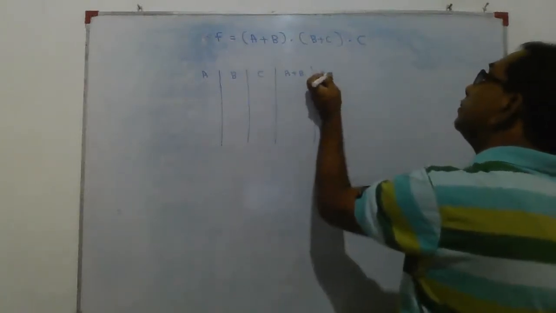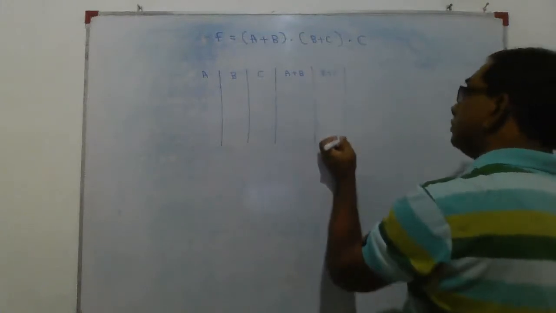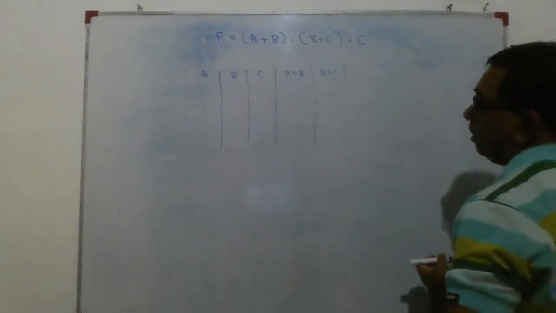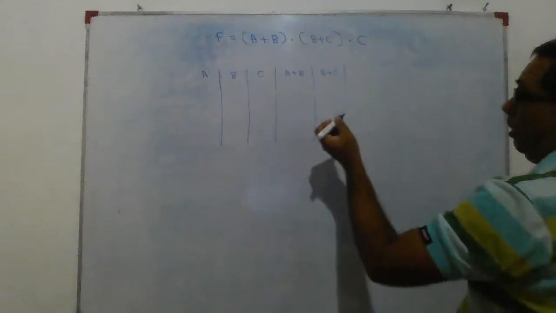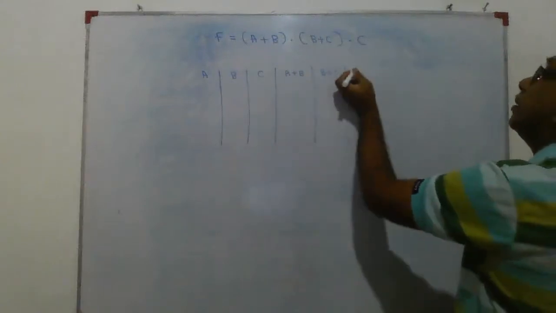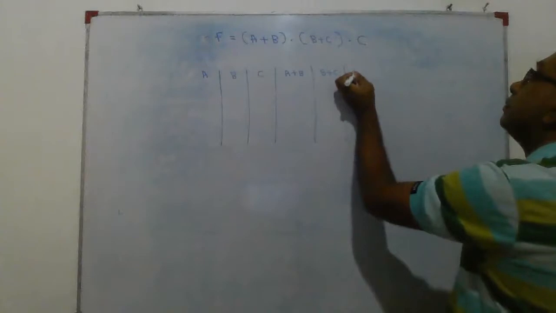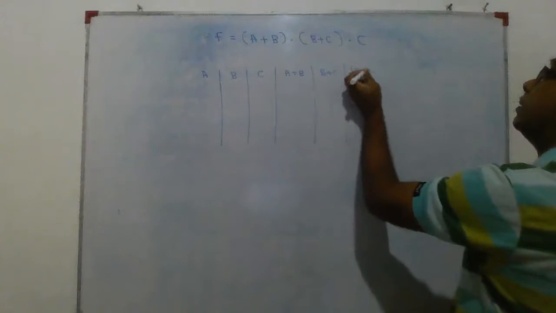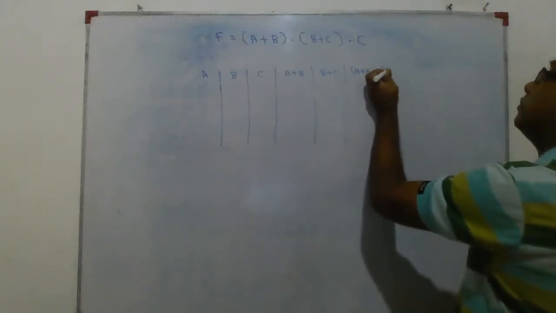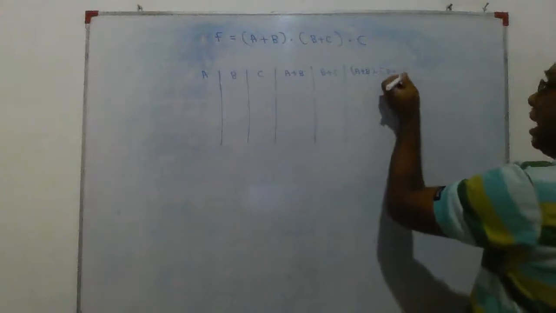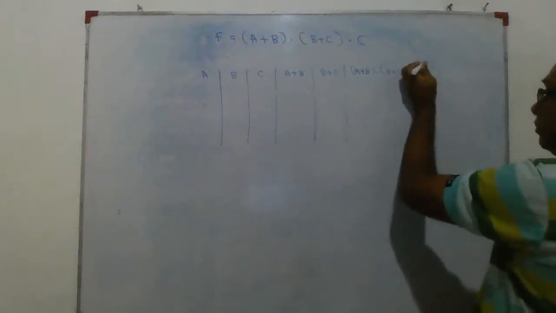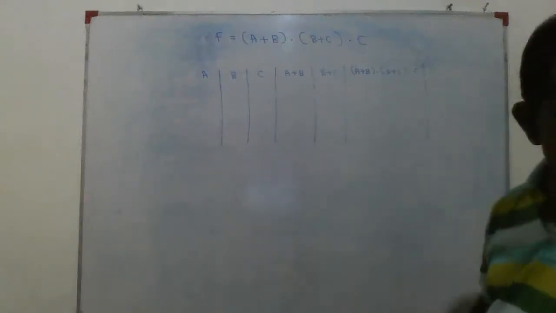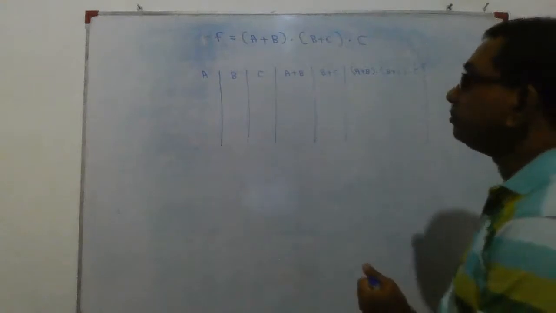B OR C. If I have A OR B and B OR C, what we can do, we can get A OR B and B OR C and C. It can be the final outcome.